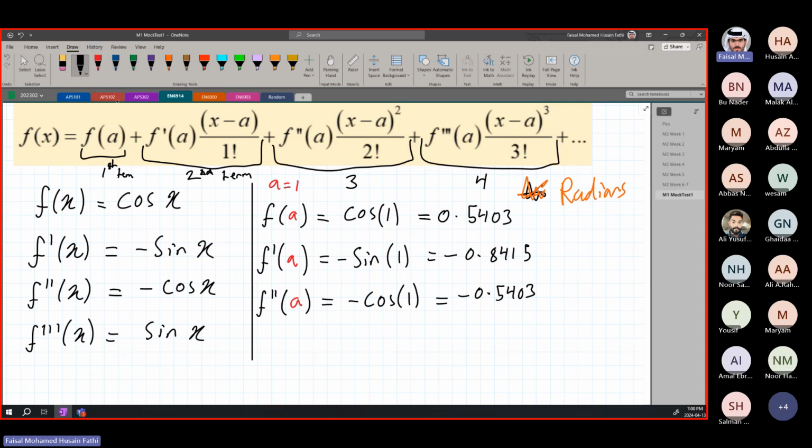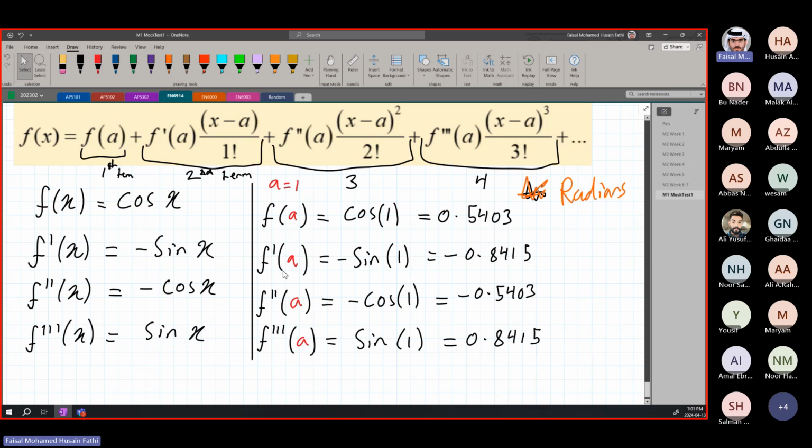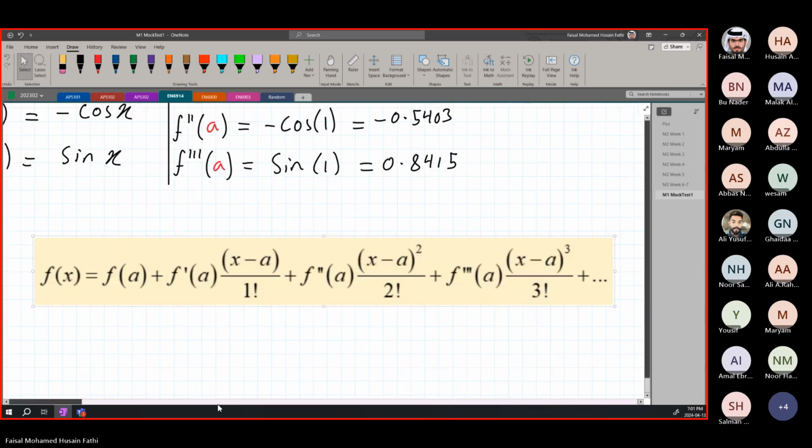And then you have f triple prime of a, which is equal to sine of x, which is 1 in the case of a, and sine 1 is simply equal to 0.8415. Okay? So we found our values for f of a, f prime of a, f double prime of a, and f triple prime of a. Now we just plug it into this equation again.